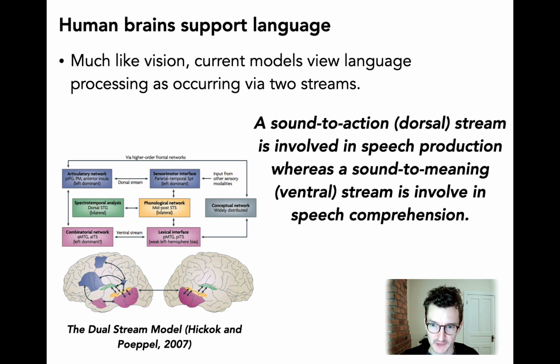So if you remember from vision, there's this dual stream model of visual processing. In language and speech processing, there's a dual stream model as well that has a dorsal stream and a ventral stream.